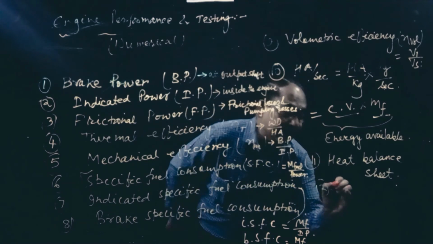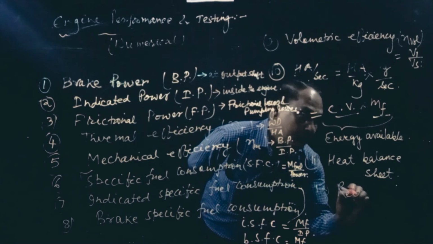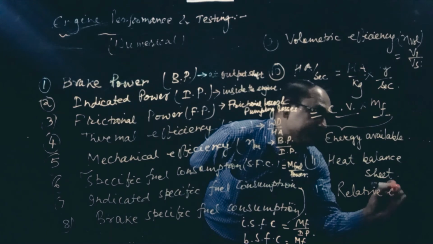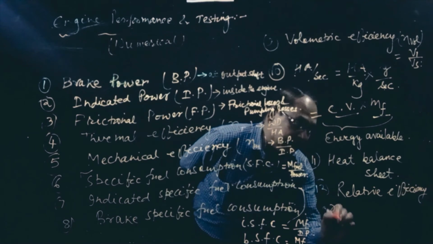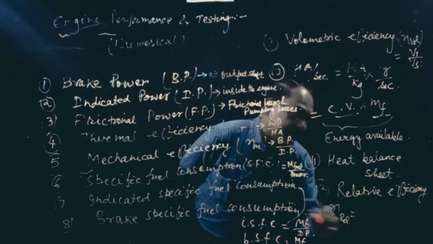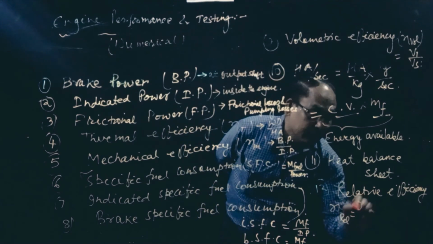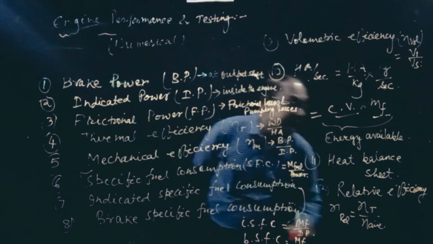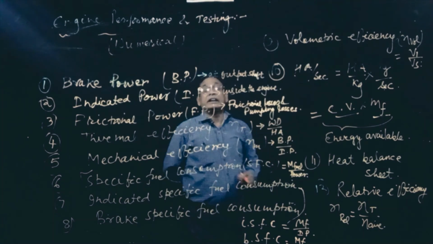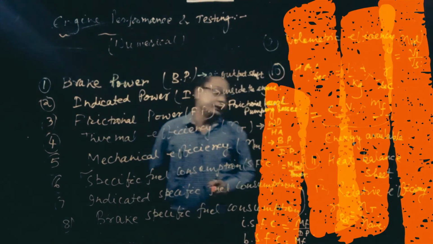Relative efficiency is eta r, that is thermal efficiency by air standard efficiency. Air standard efficiency may be for the Otto cycle, diesel cycle and dual cycle.